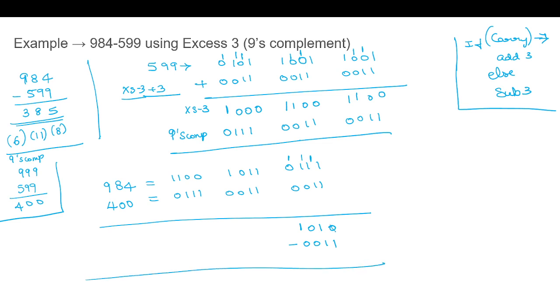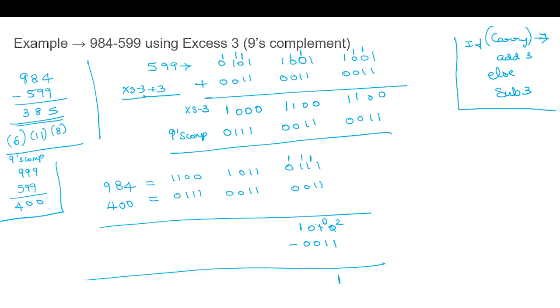So here I have to take a borrow. This will become 0. Again, this will be 1. So now again I have to take a borrow. This will be 1 if I take borrow from here. So this will be 1. This will be 1. And here, now 1 plus 1 is 0. 1 1 1 1 and 1.